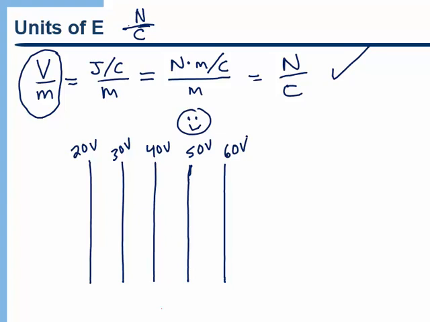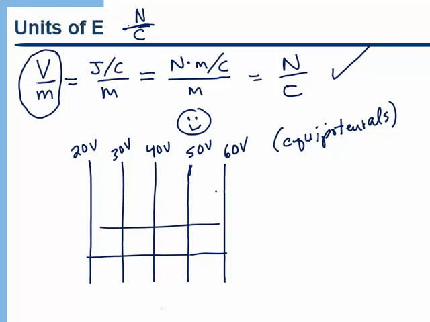One of the things that you learned in the lab was that electric field lines are perpendicular to equipotentials. So if we were going to draw the field lines in this picture, we would draw them this way. And the electric field lines, remember, go in the direction of decreasing electric potential. But notice, if I now asked you what is the electric field in this region of space, if you just understand the unit, it's easy to figure out.